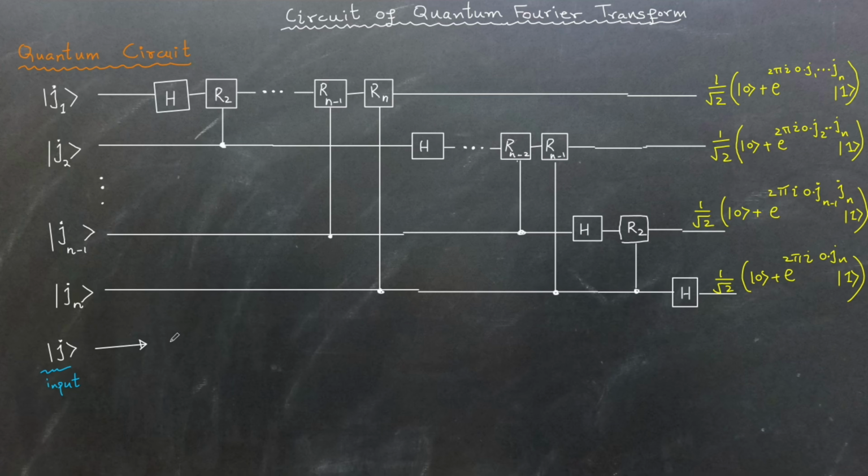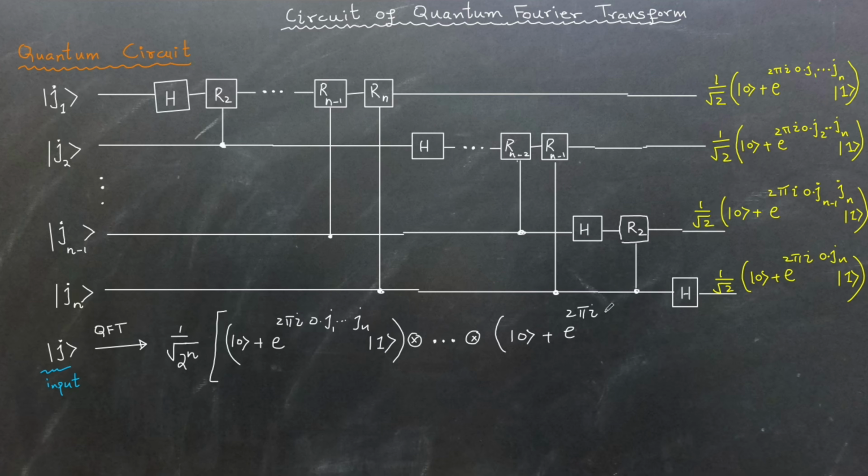Let's write out the complete output of the circuit so we can compare it with the Fourier transform in the product form. When we write the output of this quantum circuit and compare it with the product form, we notice that the two match perfectly except for one key difference.